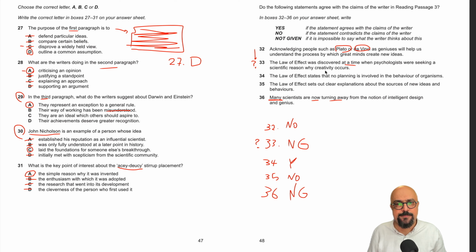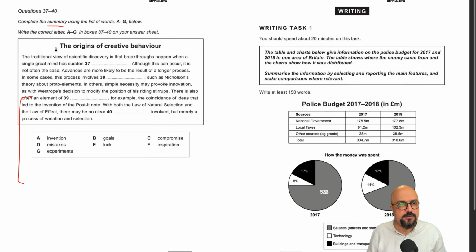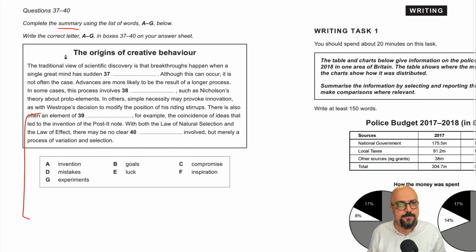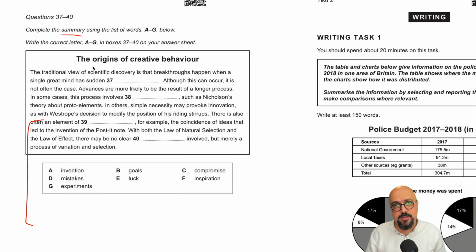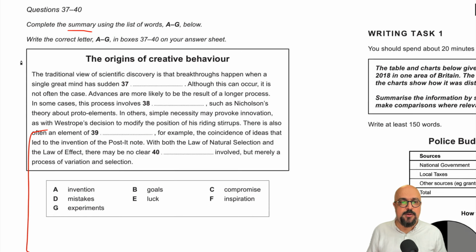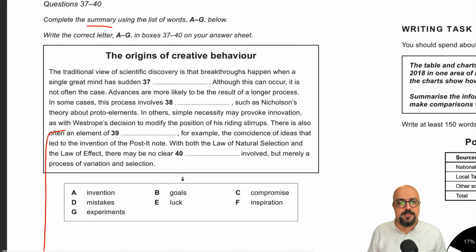So now let's move on to the final questions, 37 to 40. Now, thanks to the other questions, I'm sure you, as well as myself, are more familiar with the content of the text. So we know most of the answers even without going back to the text.